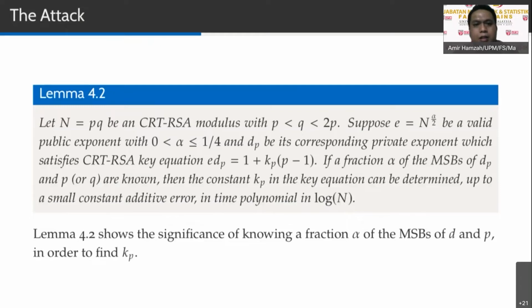Another parameter that can have exposed information is dp, which we can see in this lemma. By knowing the fraction α of the most significant bits of dp, it can eventually lead to the exposure of the constant kp in the RSA key equation.